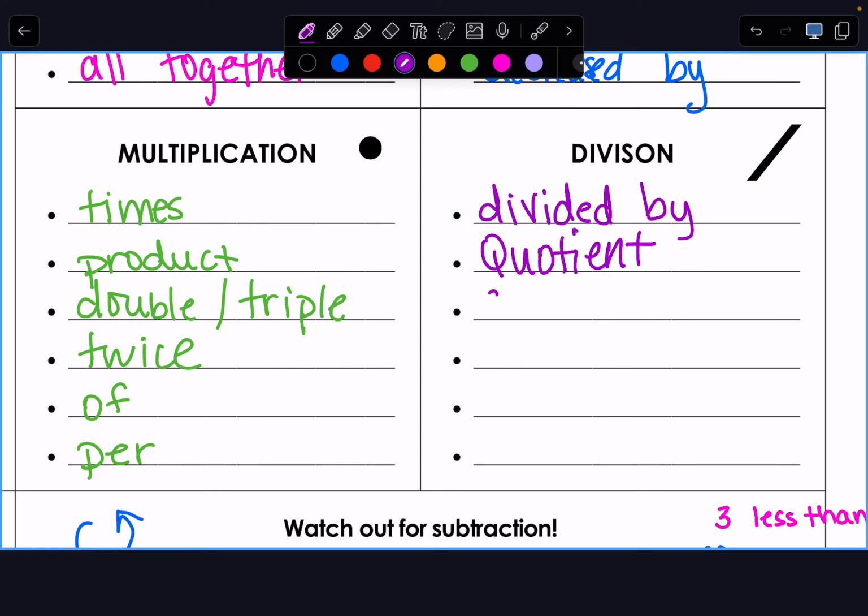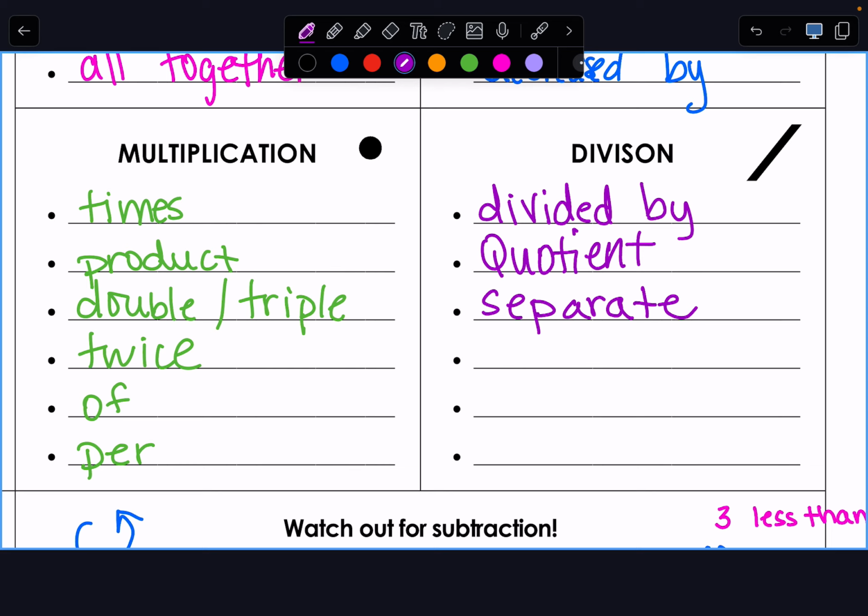Okay, here's a word. Did I spell that wrong? No, I did not. I am not a great speller. I'll tell you that. Okay. So if I'm going to separate my pizza amongst my friends, I'm dividing it.